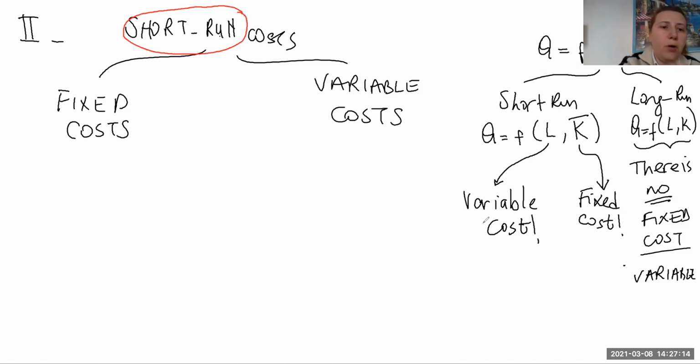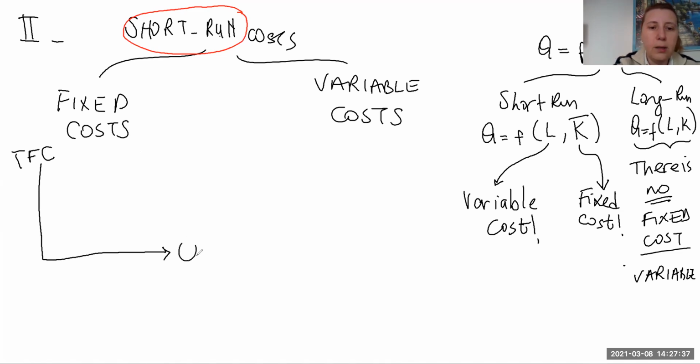Another definition for the fixed cost is that these costs are fixed and independent from the level of output. So the total fixed cost, and here the level of output Q.